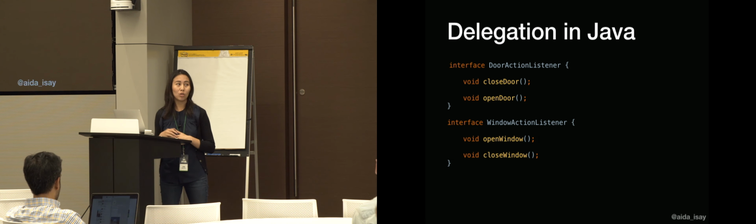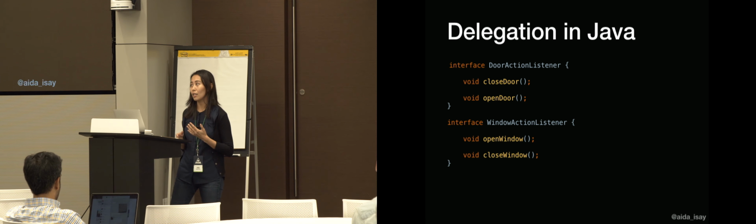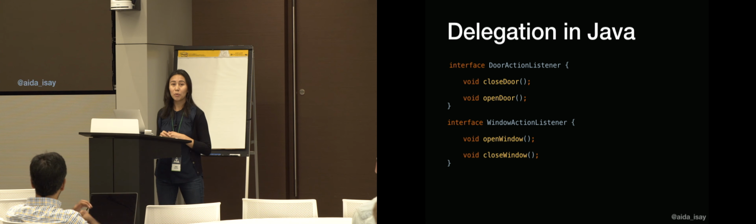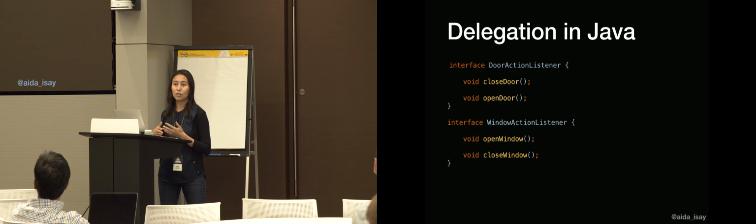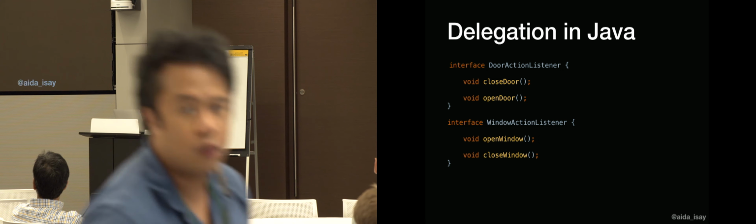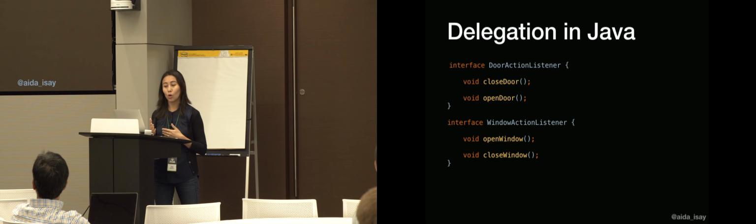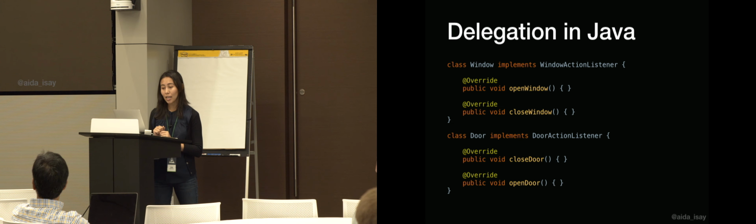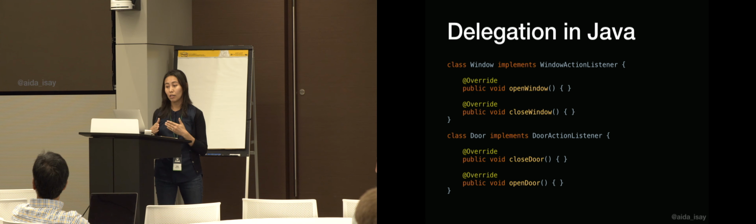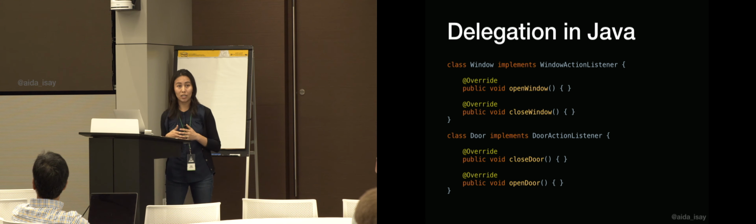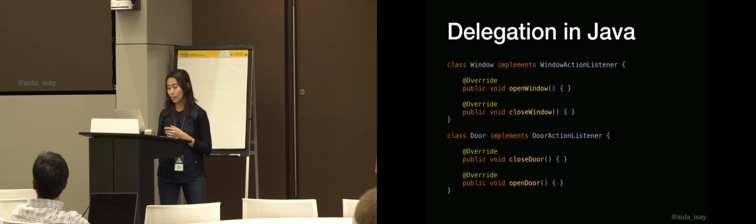Let's say we would like to build a room that has a door and windows. We would start with creating interfaces for window and door classes. In this example, I chose the actions: window actions, like open window and close window, and then door actions, close door and open door. Then door and window classes will implement the appropriate interfaces, basically methods from the appropriate interfaces.